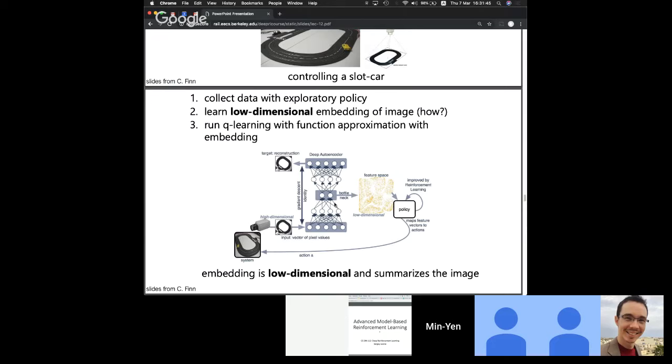So they take the output of this bottleneck layer, assuming it is a compressed representation of the input, and they use that to improve the policy. That's how that paper uses this embedding space, and it's low dimensional because it's coming from a bottleneck layer where the dimension is much smaller compared to the actual number of pixels.